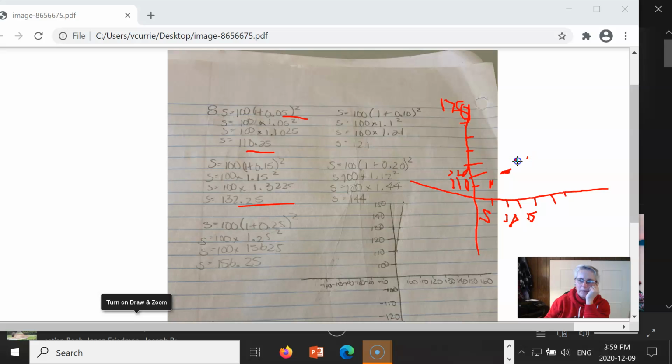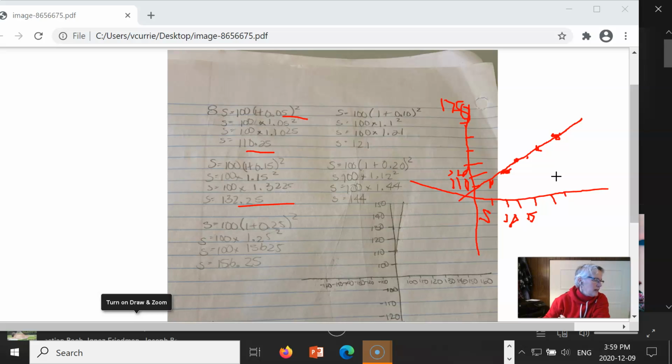And likewise, the next one is 20% and your amount is 144, so you're going to graph that there. And your last one is 25% and your amount is 156. So it's going to be in there. And then you have this line.